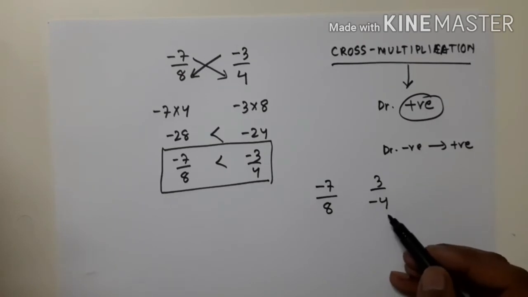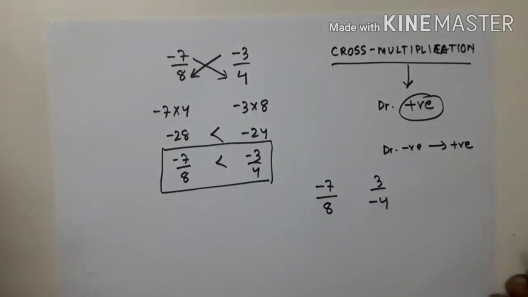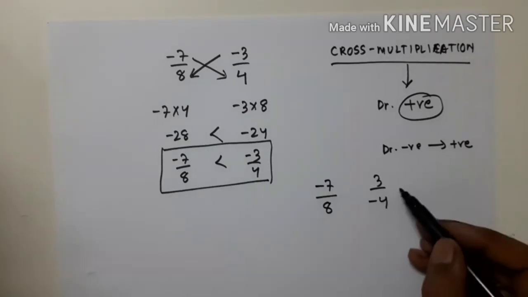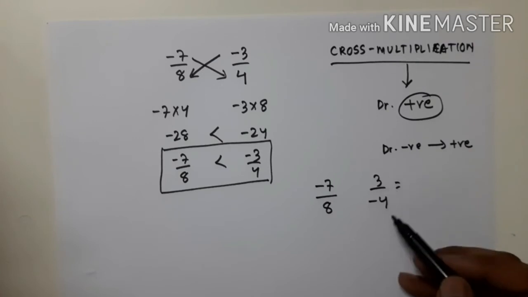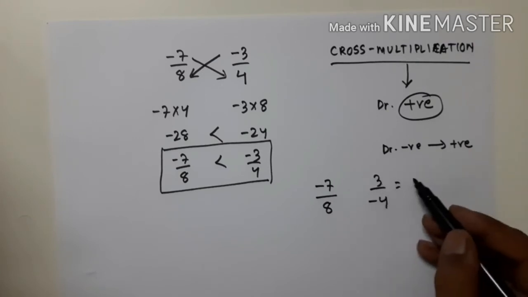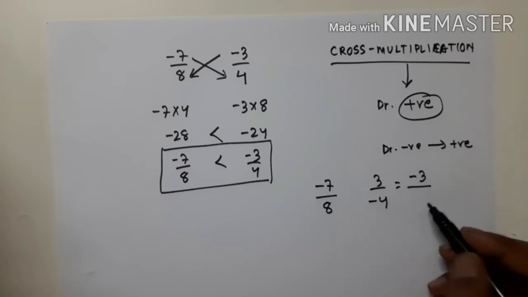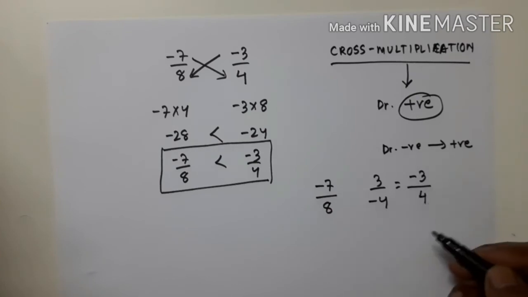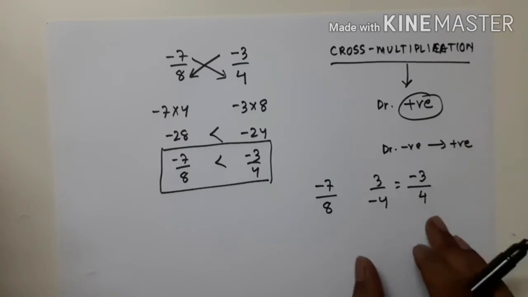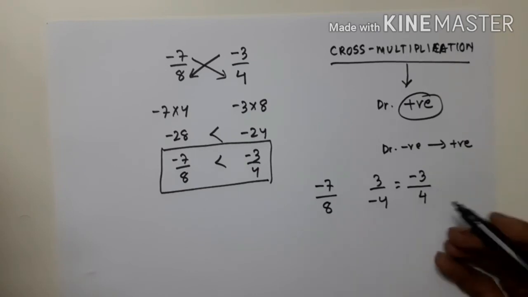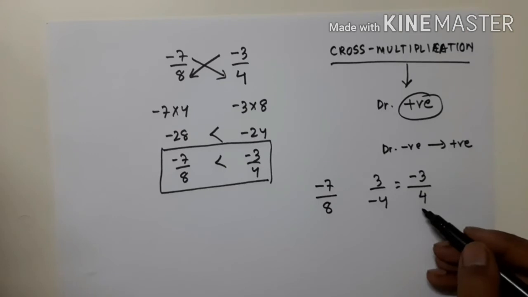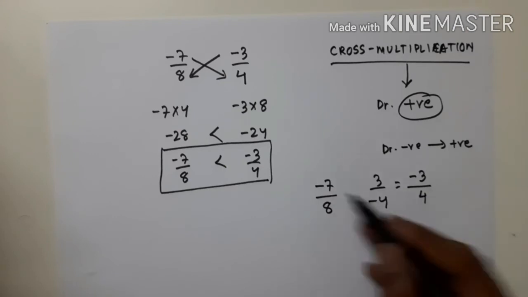Here we can see it is a negative one. So first you have to convert 3 by minus 4, that is this negative denominator, into a positive denominator, and we know how to do it. Just multiply minus 1 to both the numerator and denominator. When you multiply 3 with minus 1, we get minus 3, and when we multiply minus 4 with minus 1, we get plus 4. So now it is converted to a positive denominator.